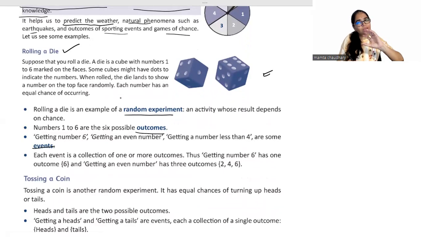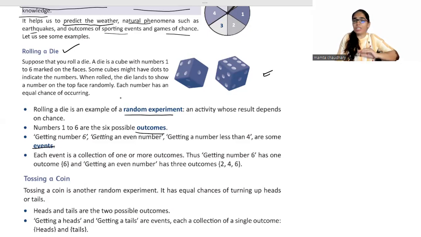When we roll a dice, what are we doing? We are just doing a random experiment. Random experiment means whose result we cannot define, or whose result will come without our interruption. That result depends on chance.